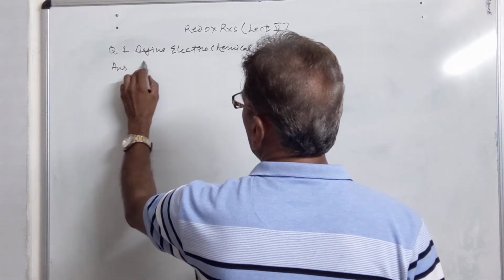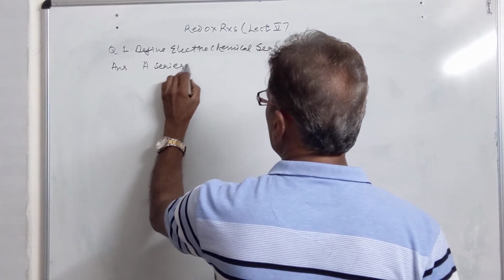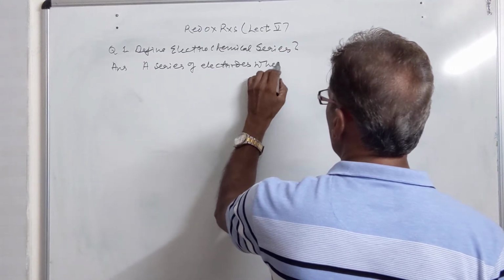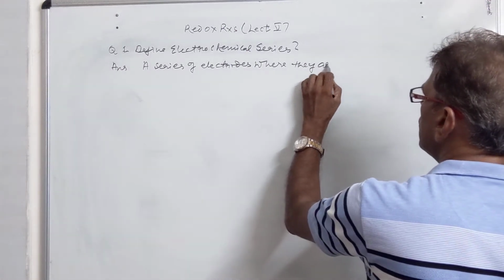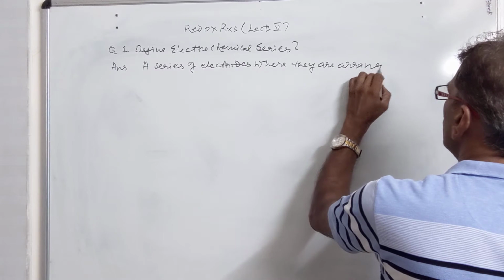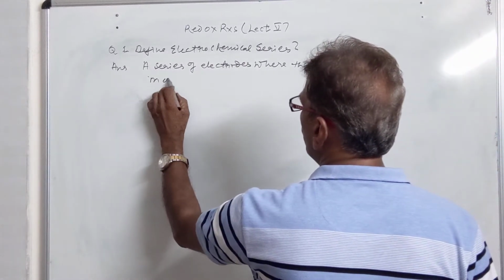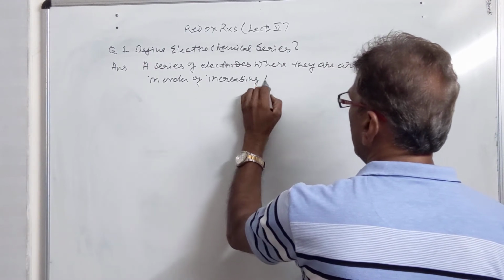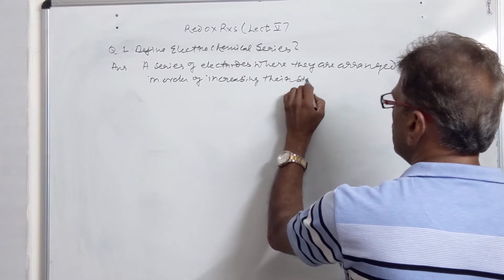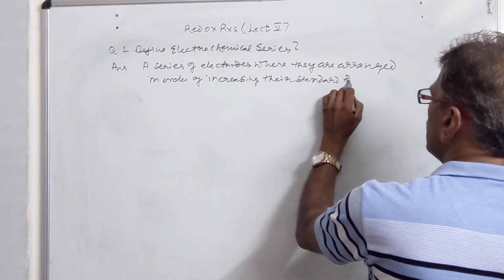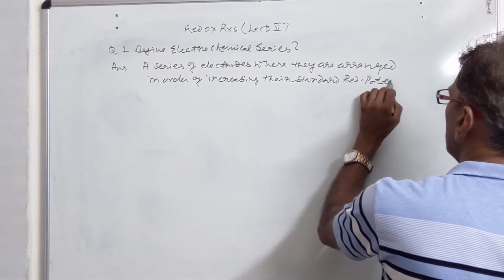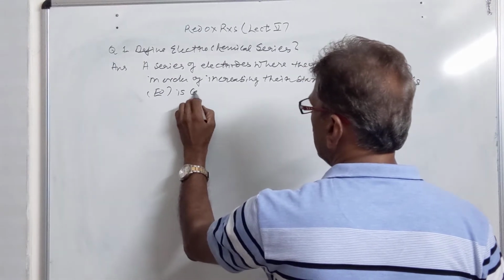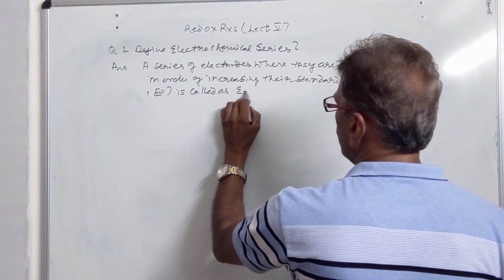Answer: a series of electrodes where they are arranged in order of increasing their standard reduction potentials, E naught values, is called the electrochemical series.